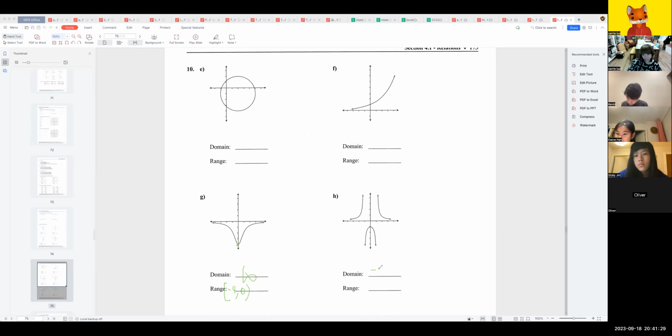Okay, so it's negative infinity to -1, and then 1 to positive infinity. Understand, everybody? Or you can say it's unlimited, but also -1 to 1.